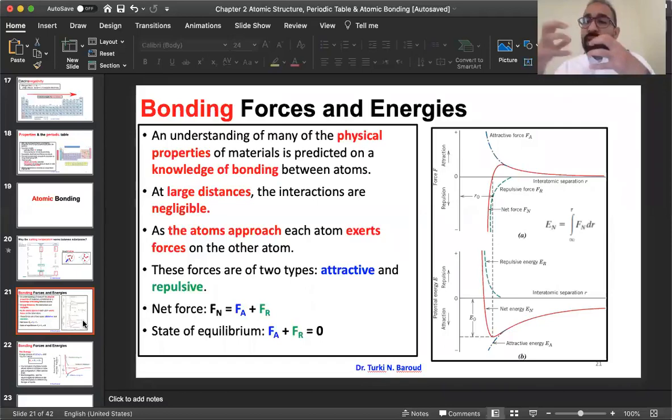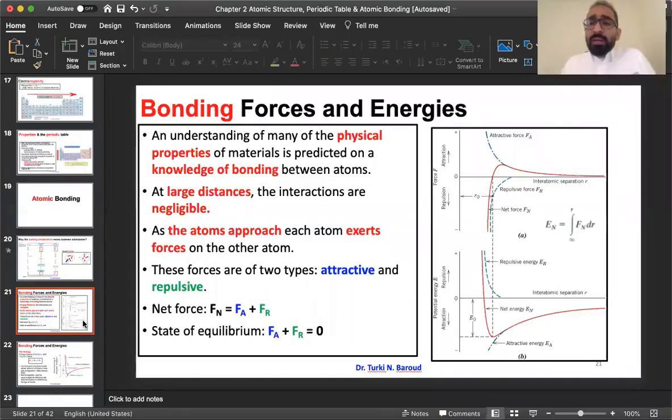The electrons here and the electrons here will try to repel each other, because negative charge with negative charge repel. Once the electrons start to overlap, they repel each other. So you have an attractive force and you also have a repulsive force.